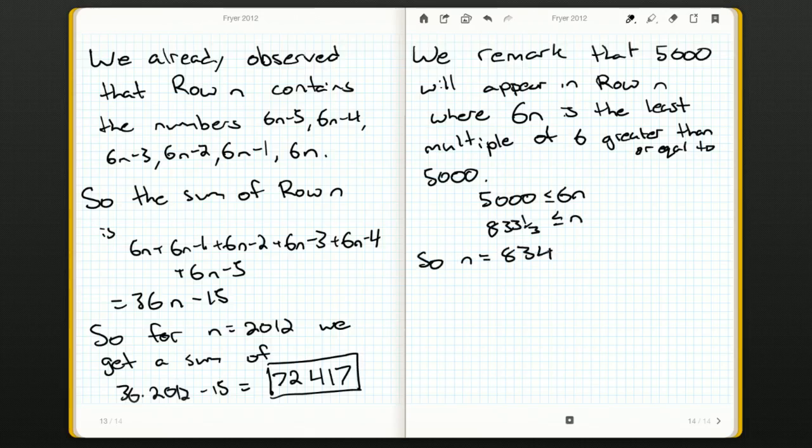We want the least positive integer that is greater than or equal to 833 and 1/3, and that gives us 834. So 5,000 is in row 834.